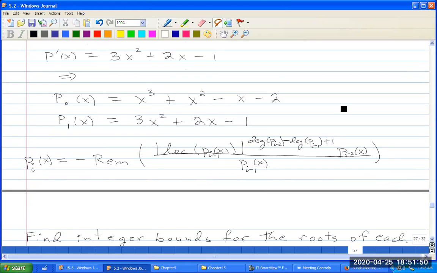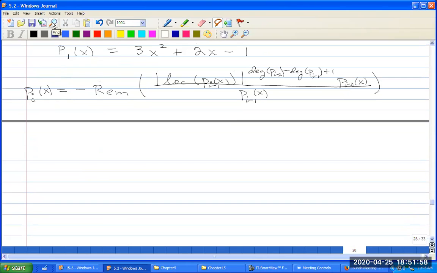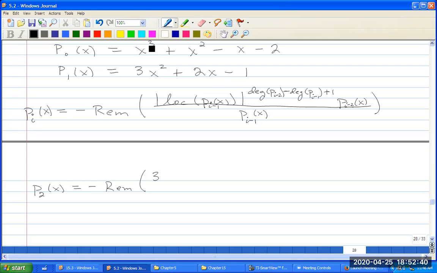Let's do this. Insert another page. So p sub 2 is equal to minus the remainder of the leading order coefficient of p sub 1, which is 3, to the power of the degree of p sub 0, which is 3, minus the degree of p sub 1, which is 2, plus 1.